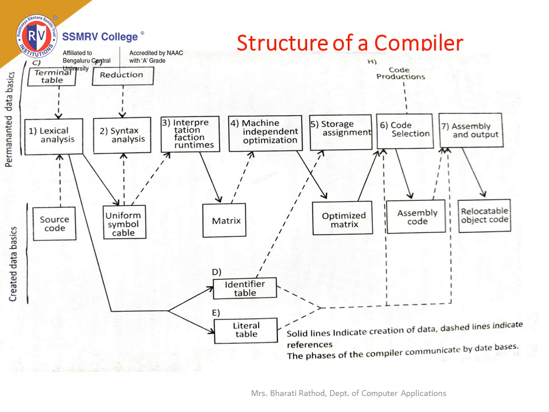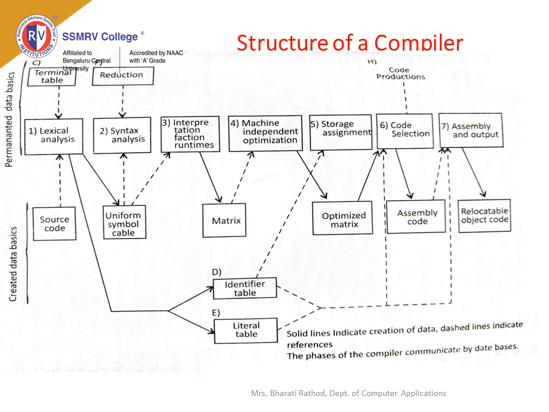Literal table: it contains all constants of the program. Reduction: it is a permanent table of decision rules in the form of patterns for matching with the uniform symbol table to discover the syntactic structure.